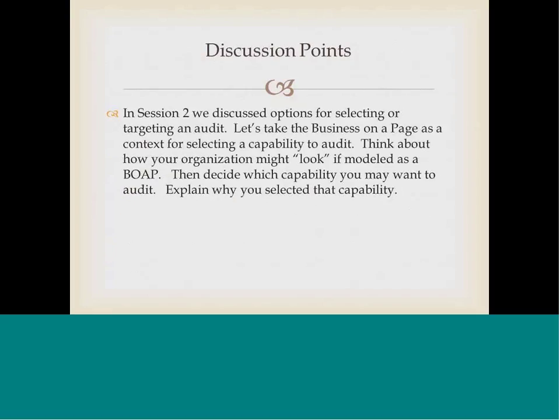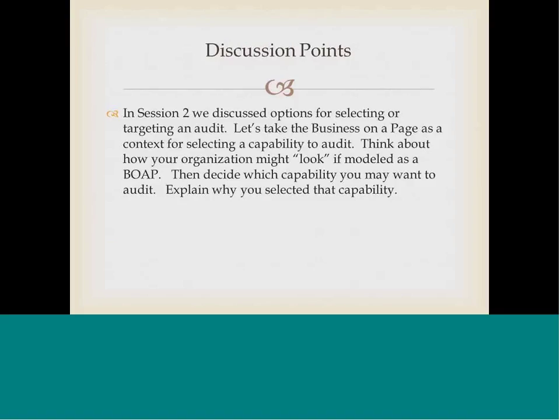Okay, so in session 2, we discussed options for selecting or targeting an audit. So I'd like you to think about your organization. Just take some time to think about your organization as a business on a page. Your first view of this doesn't have to be perfect, but just think of it in those terms, because this will be the context for selecting a capability to audit.